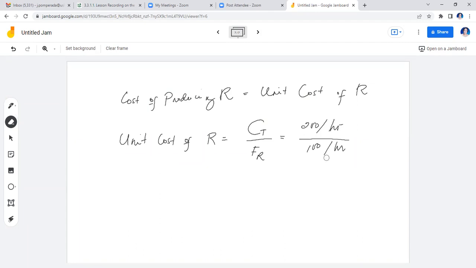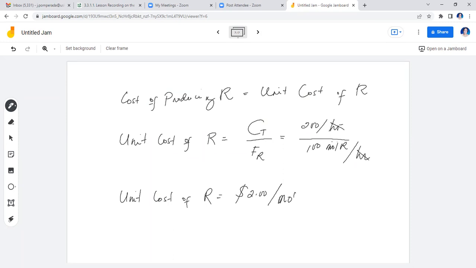Specifically, your unit here is mole R per hour. So the hour unit for each cancels each other, and you will have the unit cost of R to be $2 per mole R. So $2 per mole of R.